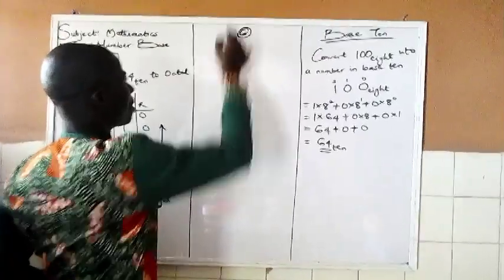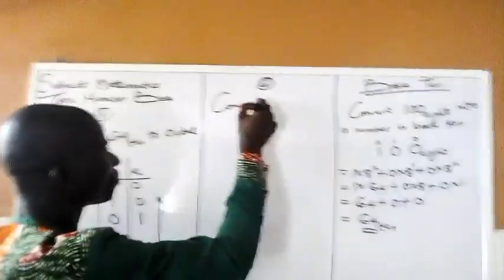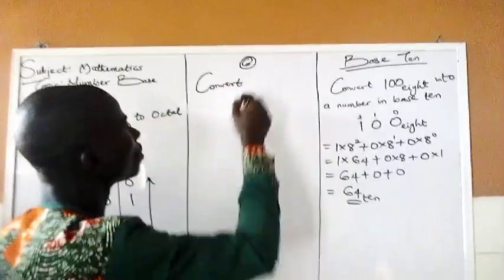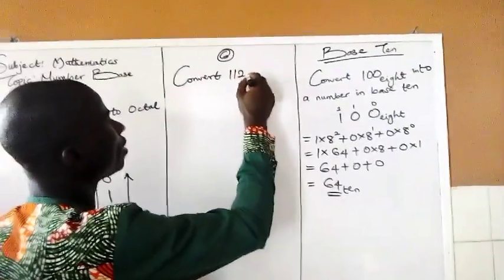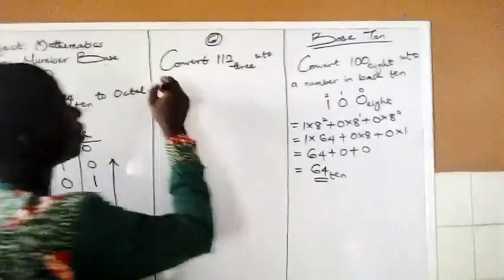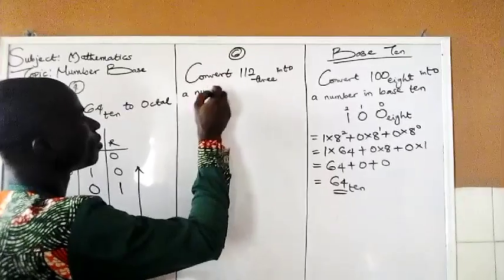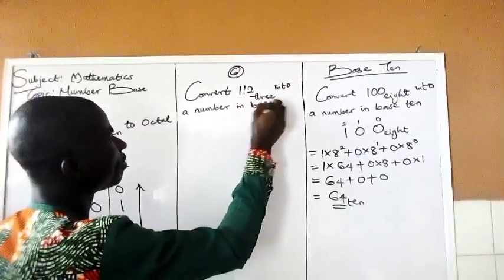Let's make this example 6. Convert 112 base 3 into a number in base 5.